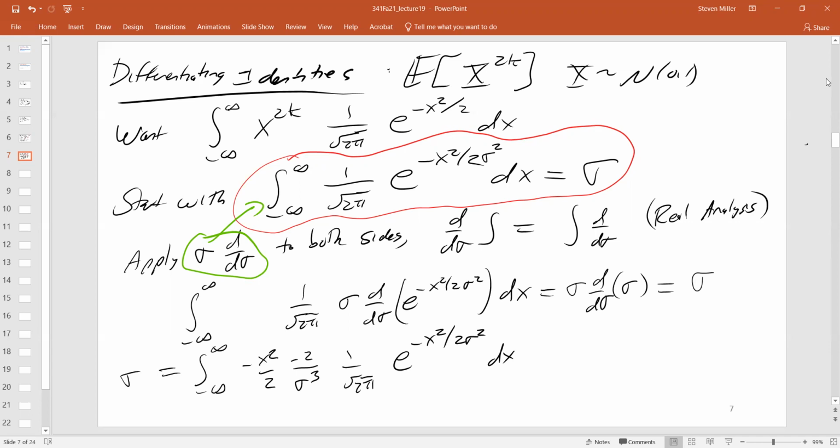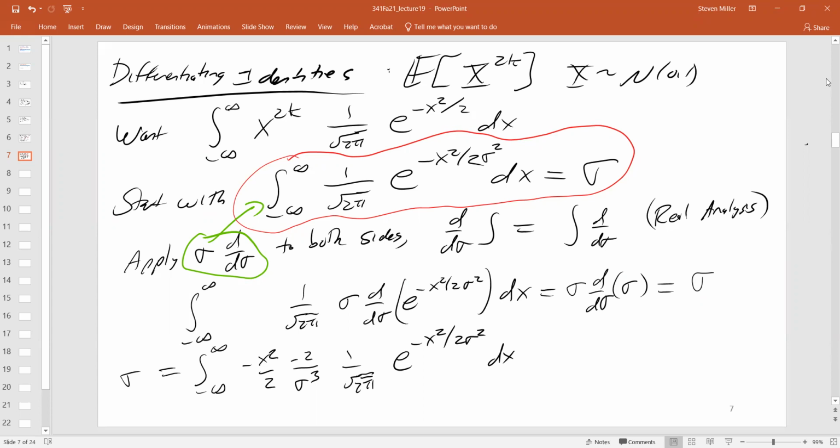If I'm integrating, I want to have a square root of 2 pi sigma squared. So what I want to do is take one of the sigmas and put it in there. Oh, I've also got a sigma over here.